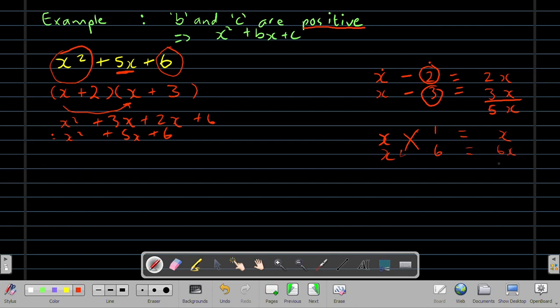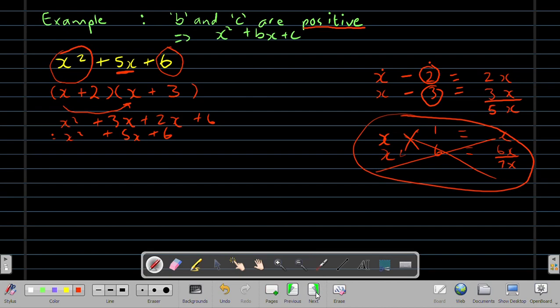But you will see if you add these up, it will give you 7x, which is not what we have here in the middle. So as soon as you see that, you can already eliminate that. So you can actually start either at the top or at the bottom. The more you factorize, the quicker you are going to be able to pick the right factors for it. But yeah, this is the simplest one.